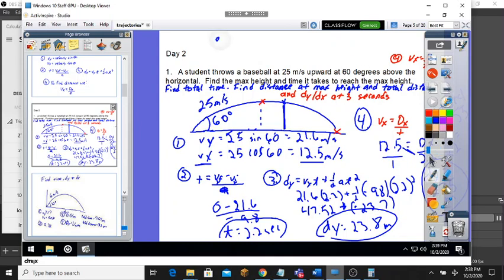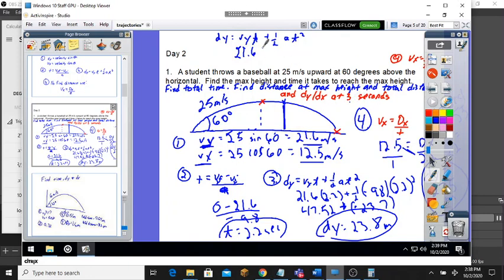So dy equals vyt plus 1/2 at squared. So vy is always going to be these. You're always going to use these numbers, okay? It's 21.6. The only thing that you're really replacing is the time. I mean, that's it. 3 seconds.